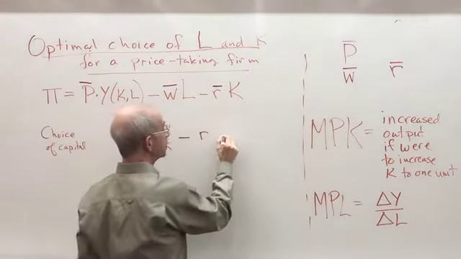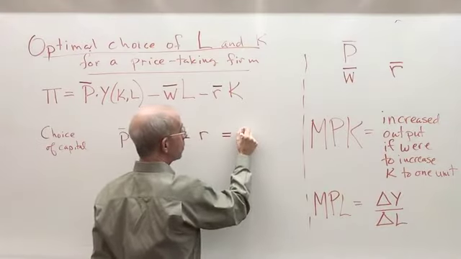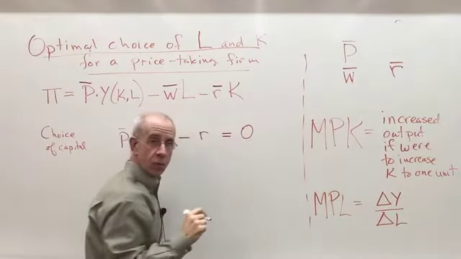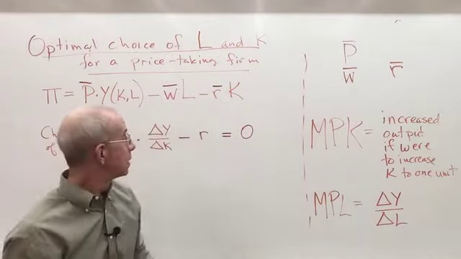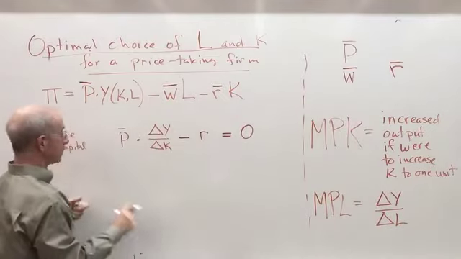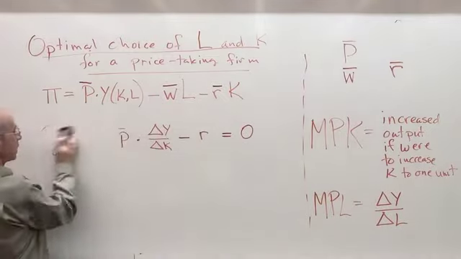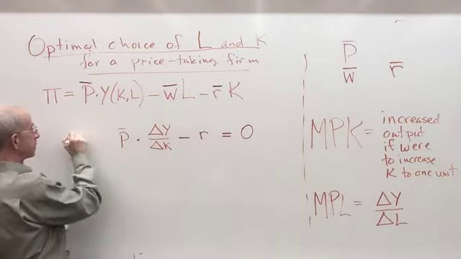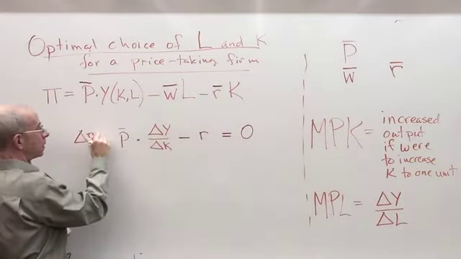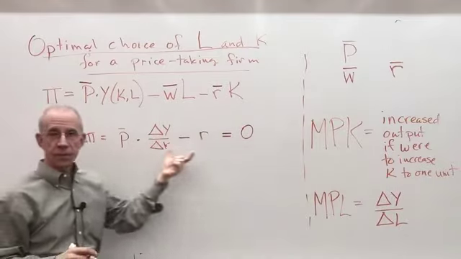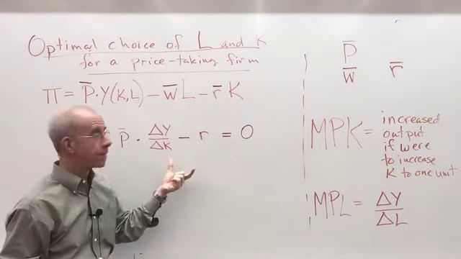And you're going to choose capital such that the change in profit from this choice of capital is zero.